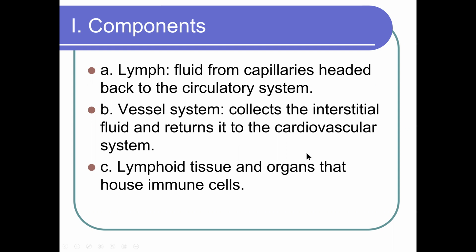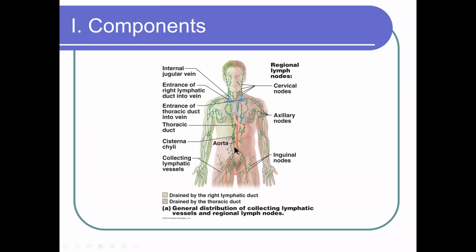So the components of the lymphatic system are lymph itself, the vessel system, and the lymphoid tissue. Lymphoid tissue includes lymph nodes, spleen, tonsils, and a number of other things that are surveillance systems, looking for bacteria, foreign material, viruses, and cancer cells.